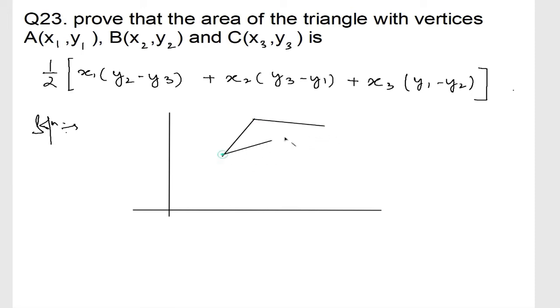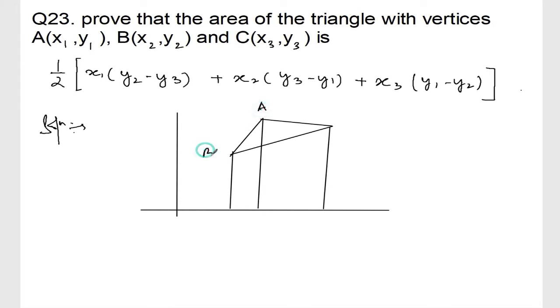Let me draw the perpendiculars here at 90 degrees, another one here, and straight down another one. So this is triangle ABC. A is (x1, y1), B is (x2, y2), C is (x3, y3), and the perpendiculars are, let's say, P, Q, R. So this is the x-axis, this is the y-axis.